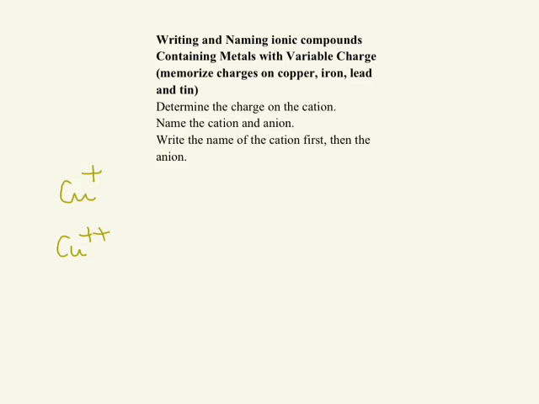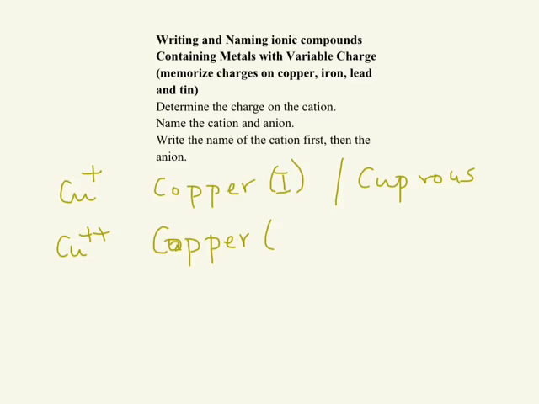If copper has a charge of +1, you can call that copper 1 or cuprous. If copper has a charge of 2 plus, remember transition metals, they are metals, so they are going to be positively charged, or cupric. So let's say the question is, what is the formula for cupric chloride?